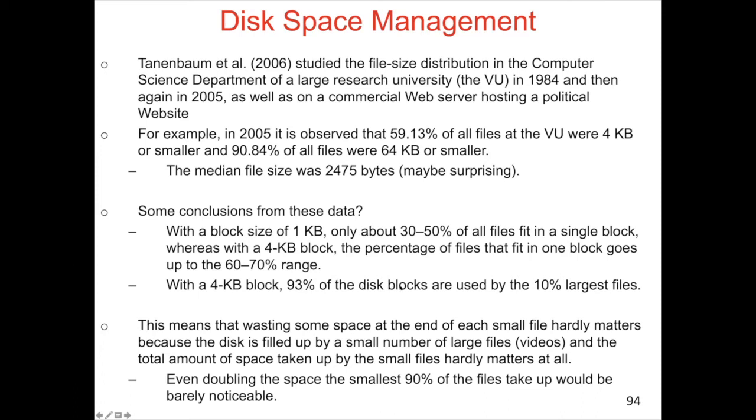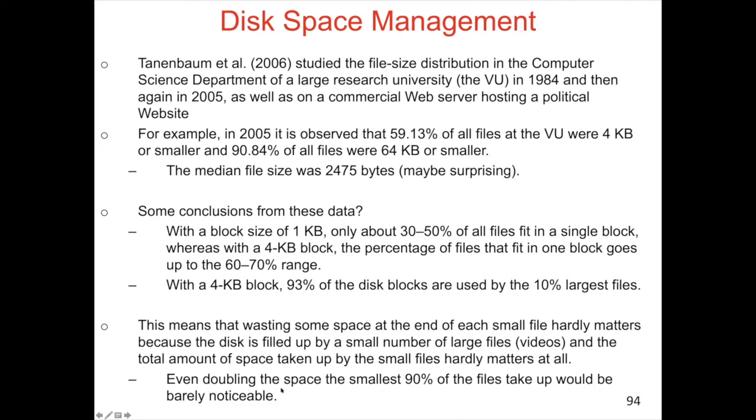With a 4 kilobyte block, 93% of the disk blocks are used by the 10% of the largest files. This means that wasting some space at the end of each small file hardly matters, because the disk is filled up by a small number of large files, videos, and the total amount of space taken up by the small files hardly matters at all.